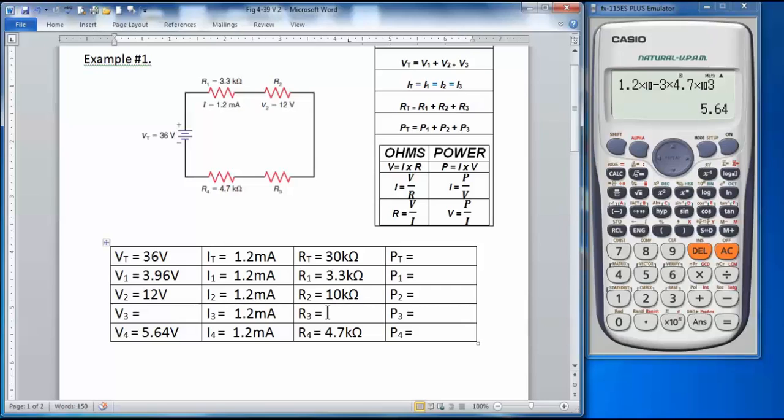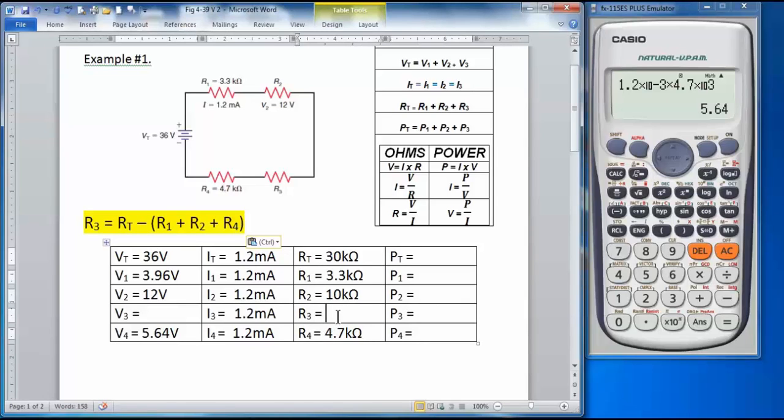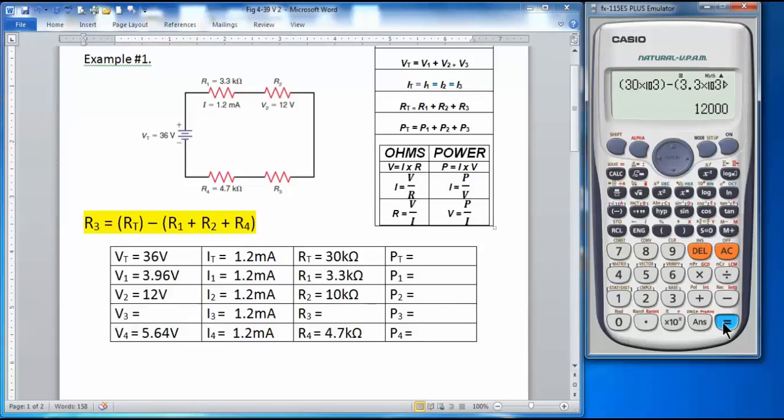R3 is going to be equal to the total amount of resistance, RT, minus R1, R2, and R4, and this will give me the missing value of R3. So let me punch that into my calculator. This will give me the value of R3, which is 12k ohms.